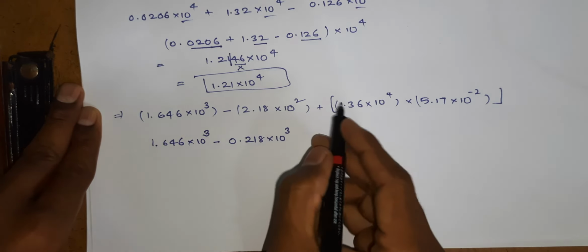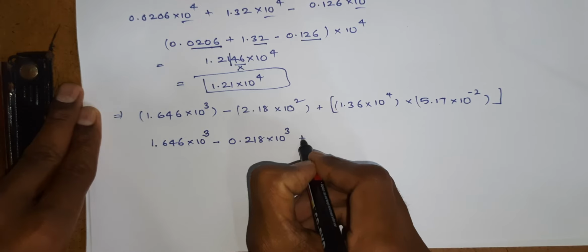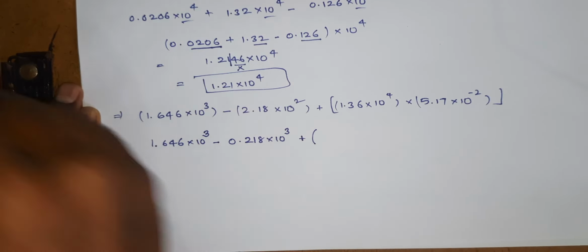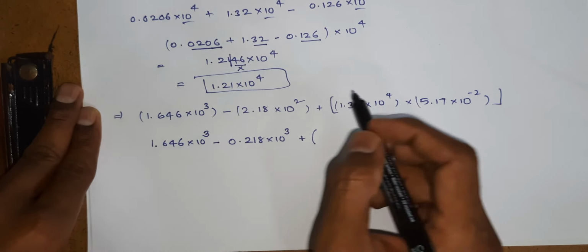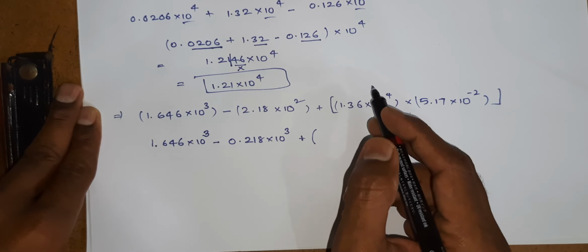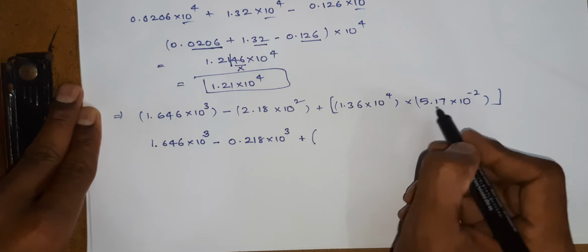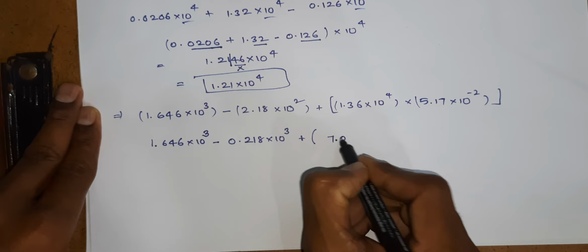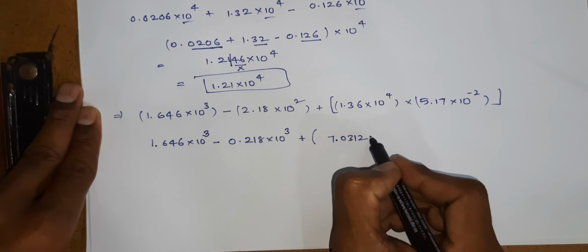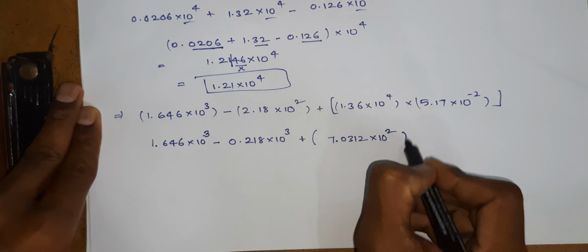Next, this is a multiplication, so you will get 7.0312 into 10 to the power of 2.